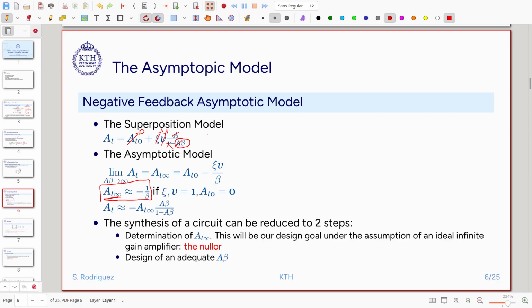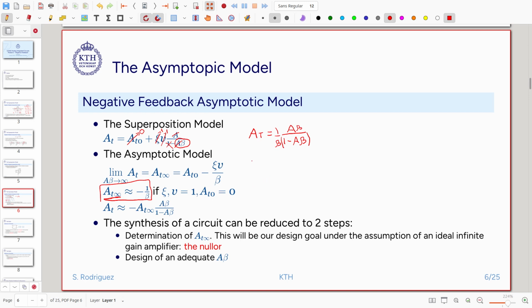Under this assumption, we have A_T equal to A divided by 1 minus A beta, and then I can multiply this by beta and divide by beta also here, so it doesn't change.